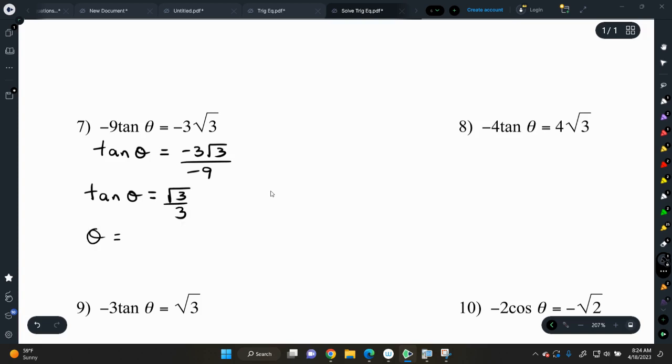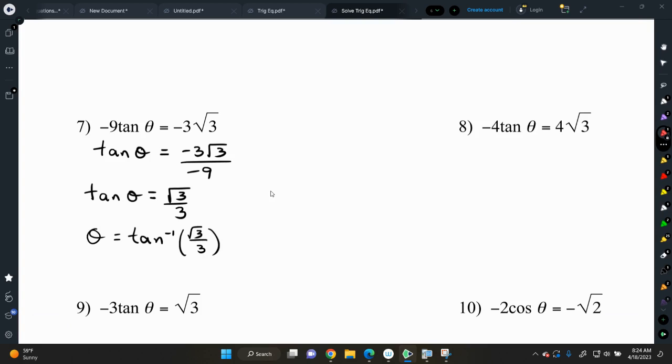So we're looking at theta equals inverse tangent of root 3 over 3. So again, I have to figure out which y over x I'm using. So I'm looking at root 3 over 2 and then 1/2. I'm pretty sure I'm not going to be using the root 2 over 2.